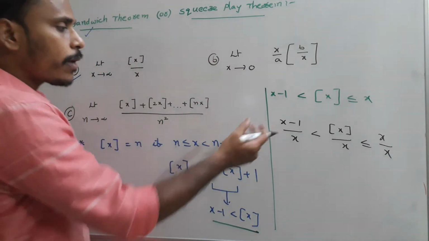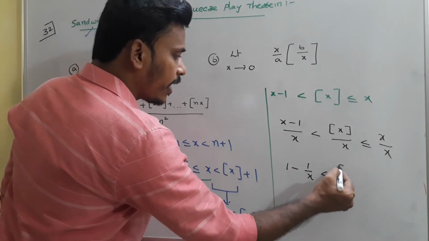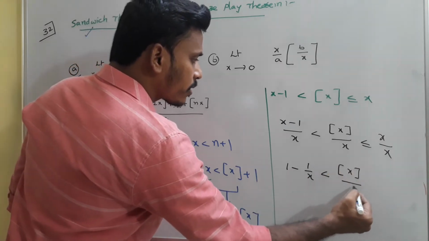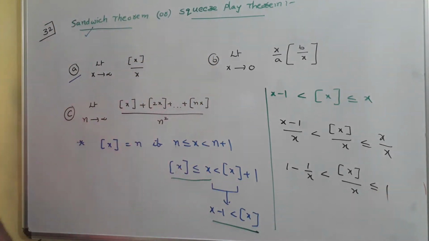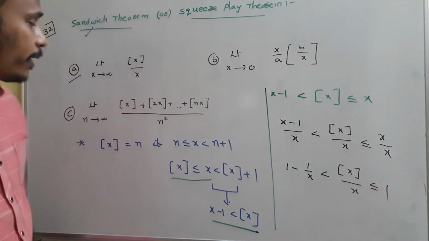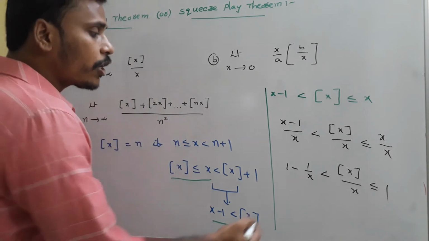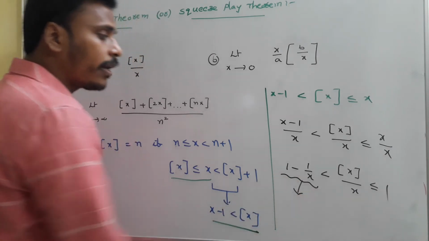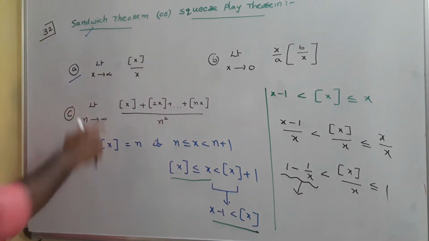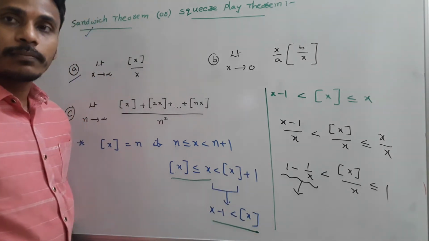And now x minus 1 by x is simply 1 minus 1 by x, less than floor x by x, less than or equal to 1. Now you just apply the limit as x tends to infinity. For the function 1 minus 1 by x, as x tends to infinity, the limit value is 1.